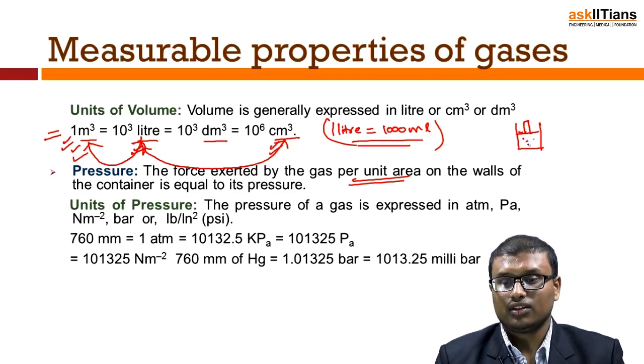The pressure is the force exerted by the gas molecules on a given area of the wall. There is a force, and this force exerted on the given area is the pressure exerted.